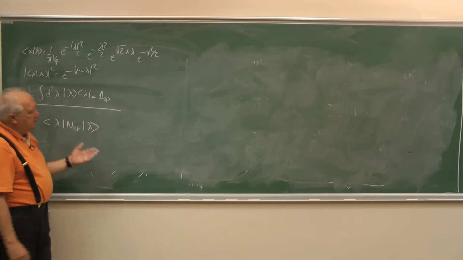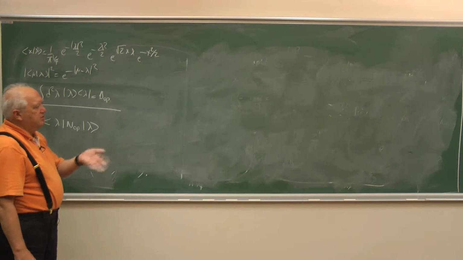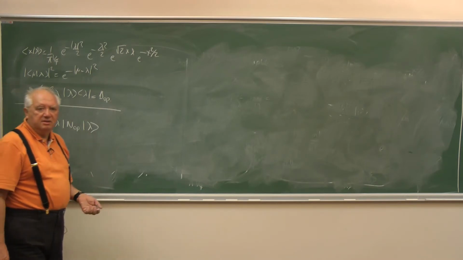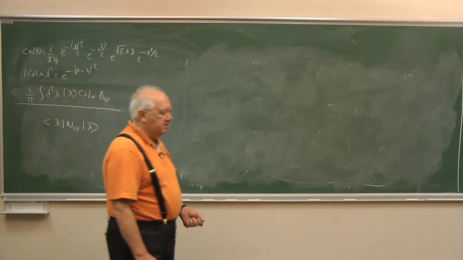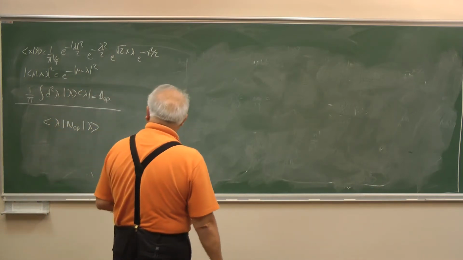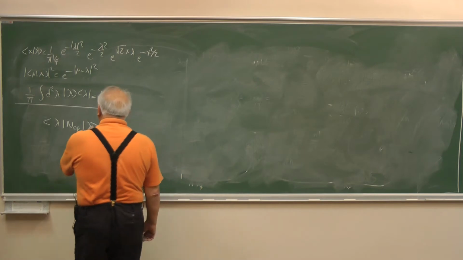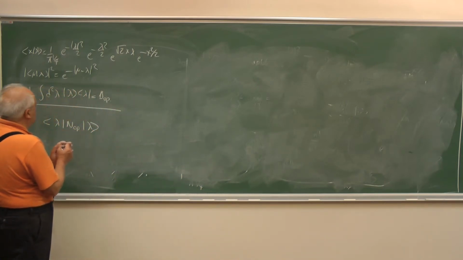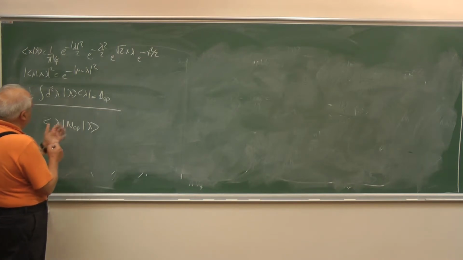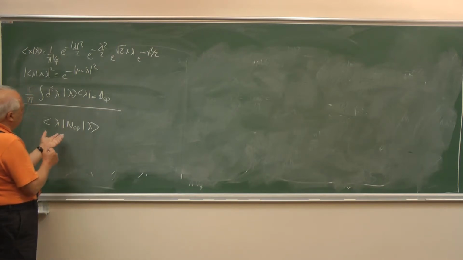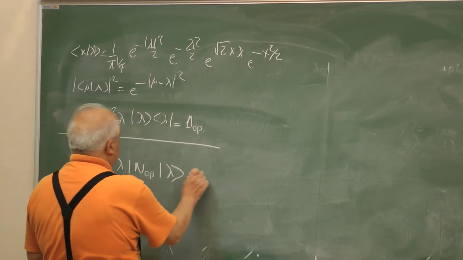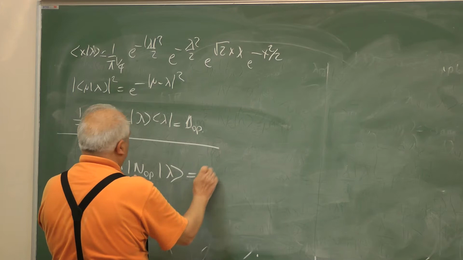Lambda state has, of course, many oscillators, and each oscillator state has a different energy, n plus one half h bar omega. But lambda is like a packet of these harmonic states. So what is the mean excitation of this wave packet?